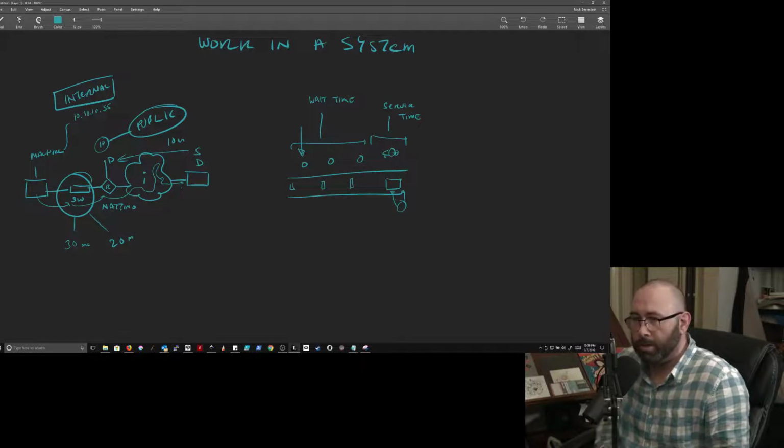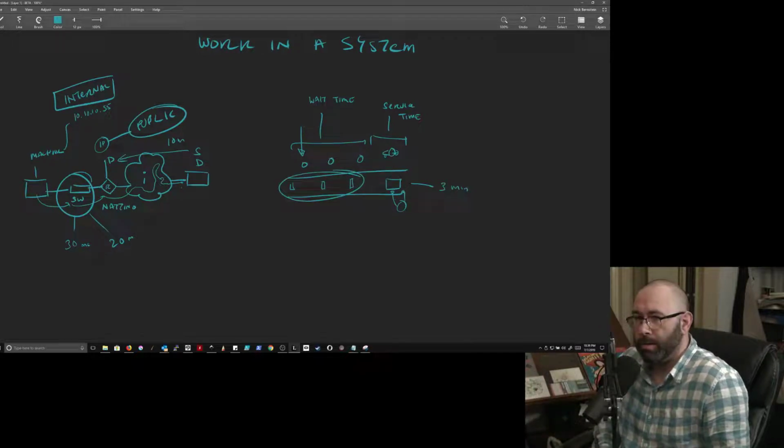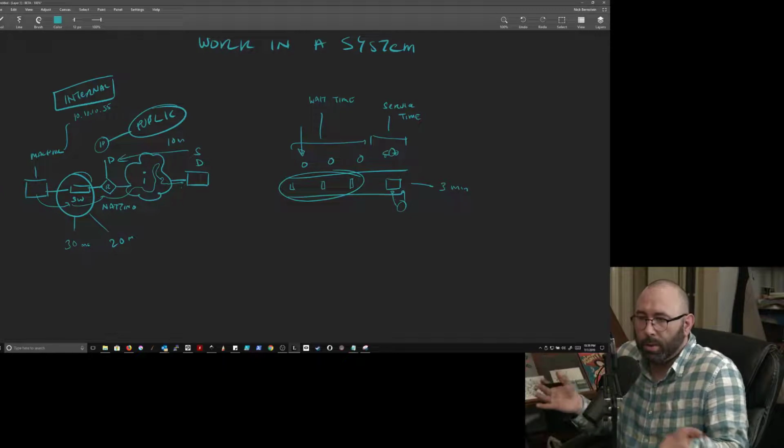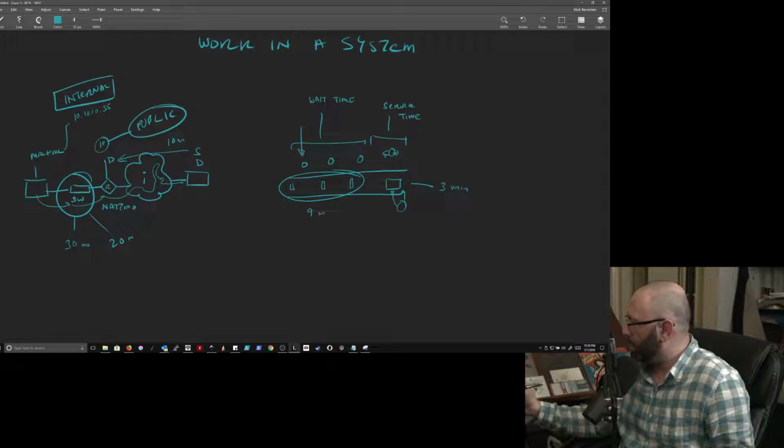Let's say, for example, on average, it takes this checkout 3 minutes. If we have three people in line, and we are assuming they're all average for this scenario, we have 9 minutes of wait time, and then the additional 3 minutes that it takes to actually check that person out.